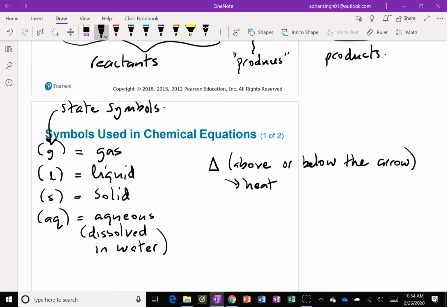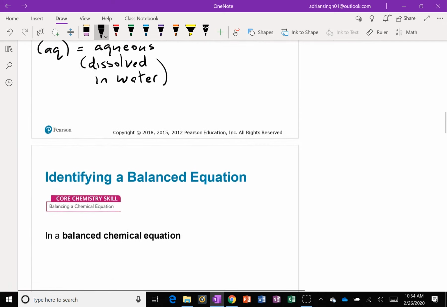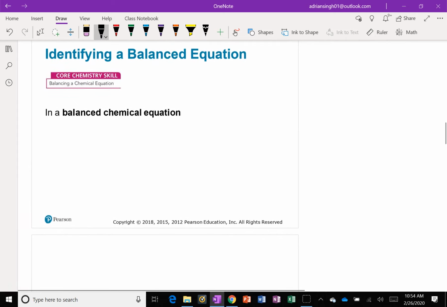All right, so chemical equations represent chemical changes. We have reactants on the left side that react together to produce the products on the right side. All right, so now we know how to interpret these chemical equations.